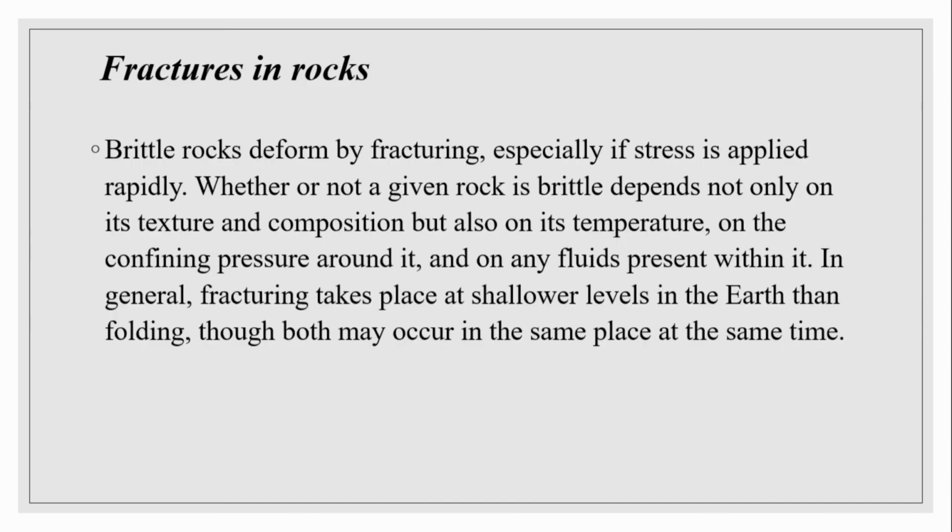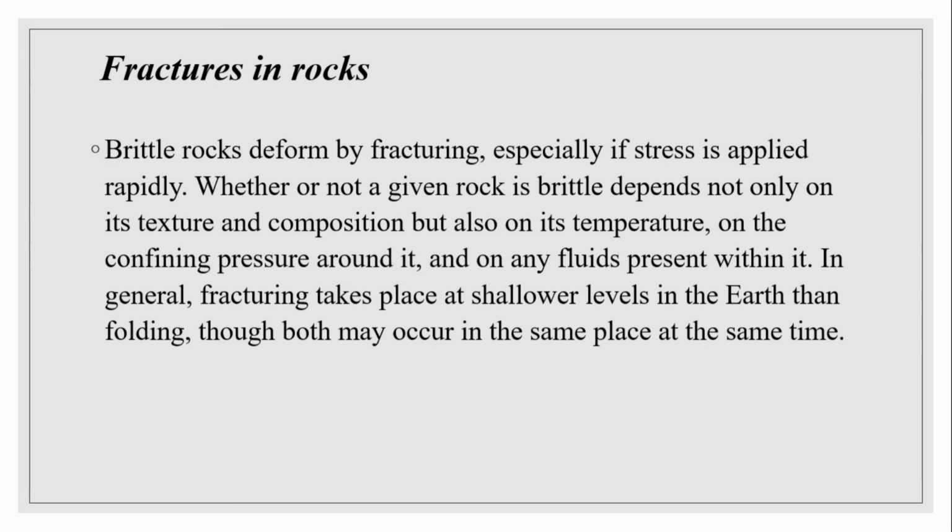Next, fractures in rocks. A rock fracture refers to any geological formation that is divided into two or more distinct parts, such as faults or joints. Fractures can occur within brittle rocks, especially if stress is applied rapidly.